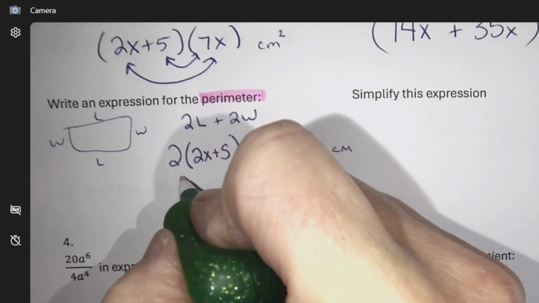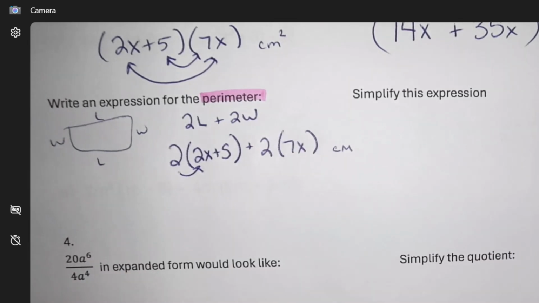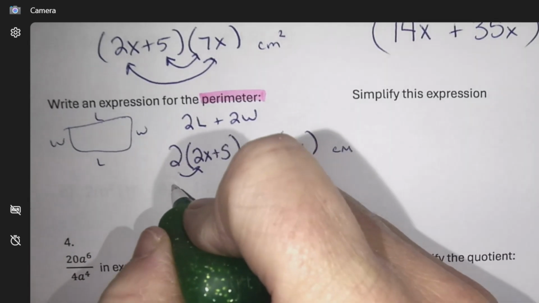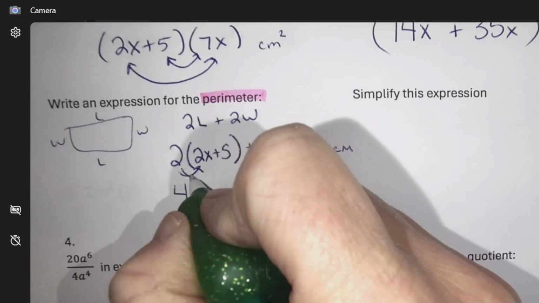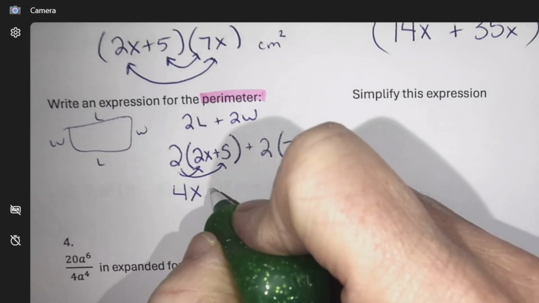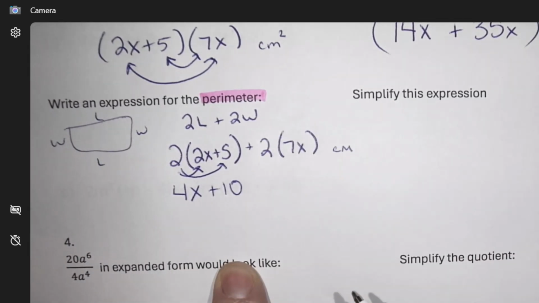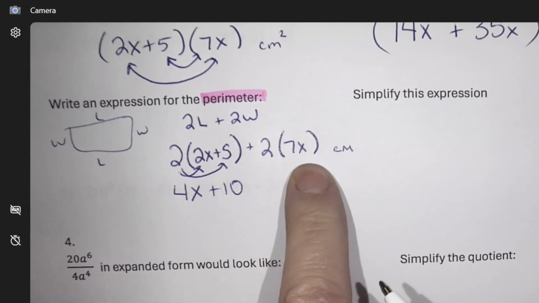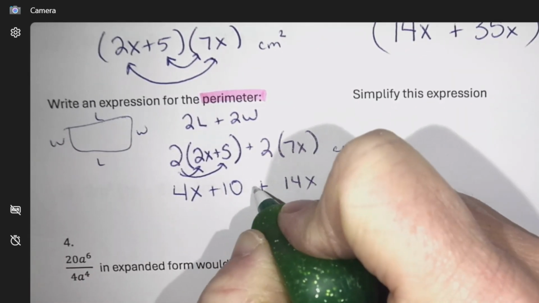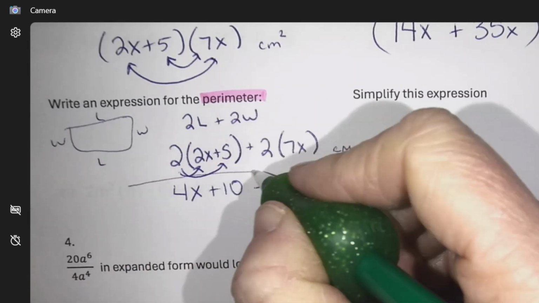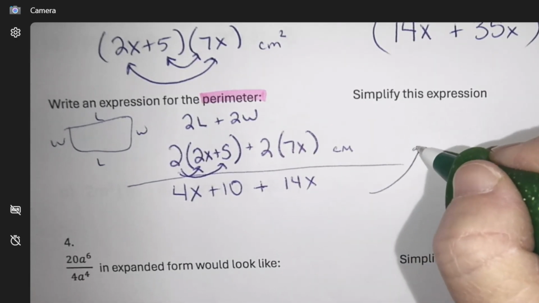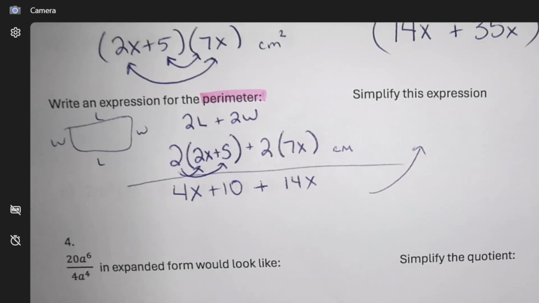Okay, here we go. Ready? This is a distribution. So 2 of the 2x makes 4x. 2 of the 5s makes 10. 2 of the 7x's makes 14x. I'm obviously just doing this over here.